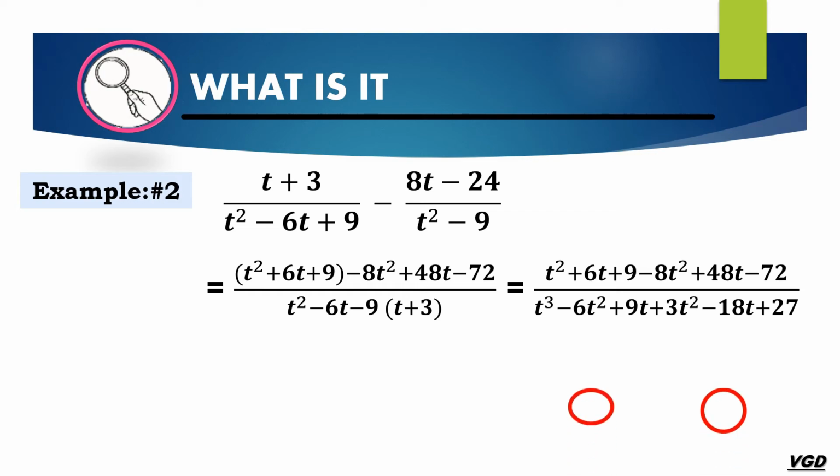We also have 6t and 48t. So we also have 9 and negative 72. So those are our common terms in the numerator. And now, let's evaluate our numerator.